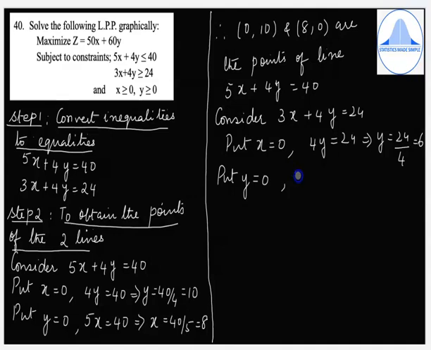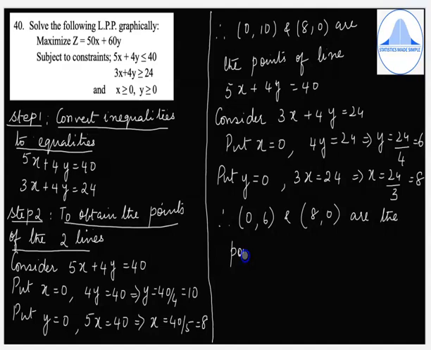So you get 3x is equal to 24, or x is equal to 24 divided by 3, which is equal to 8. So therefore 0, 6 and 8, 0 are the points of the line 3x plus 4y is equal to 24.